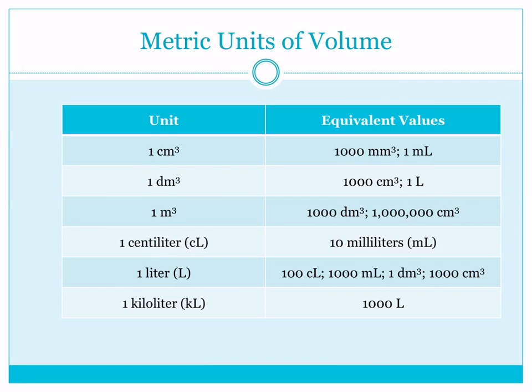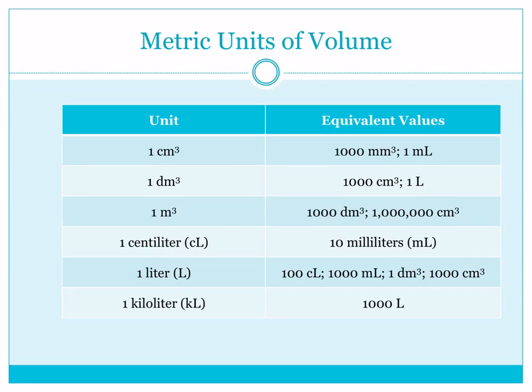One more table here. These are metric units of volume. These aren't terribly difficult to create on your own if you were to need them for the most part. A few of them are a little bit different though. So for instance, it says 1 centimeter cubed is the same thing as 1,000 millimeters cubed. And we talked about in the surface area section that when it's area, if we were supposed to move the decimal 1 place because we're doing it squared, we move it twice, right?